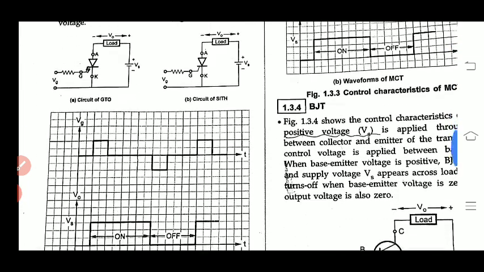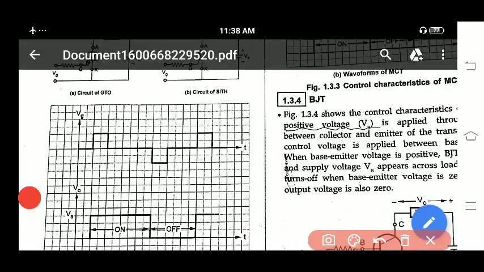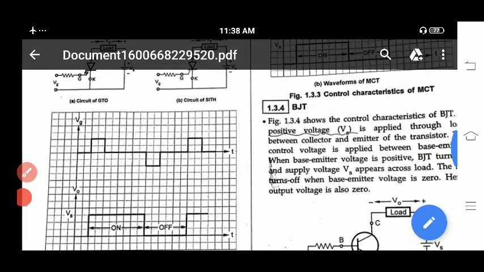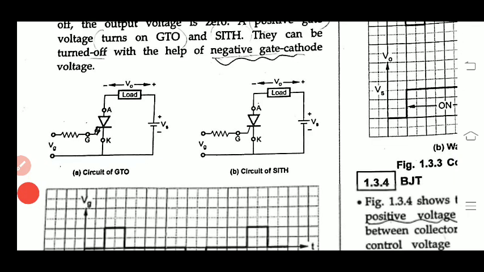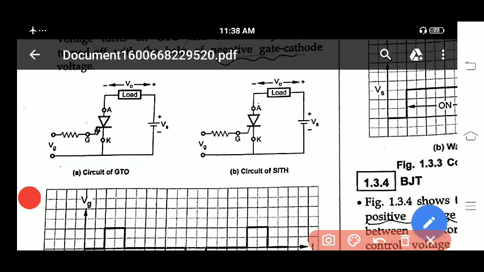So here we can see the characteristic. Also, this circuit arrangement is similar to the SCR. Here the anode is connected to the positive supply and the cathode is connected to the negative supply through the load.